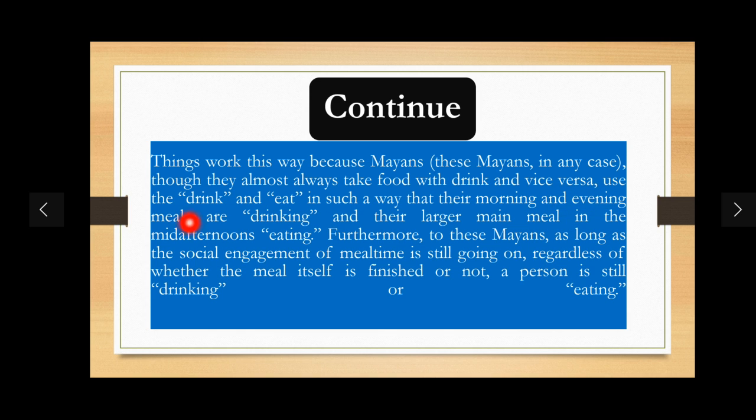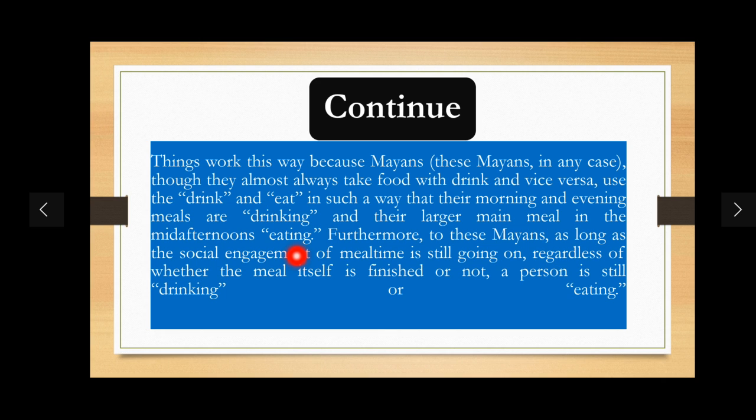They use drink and eat in such a way that their morning and evening meal are called drinking, and their larger main meal in the mid-afternoon is called eating. So the mid-afternoon meal they call eating, while the morning and evening meal they call drinking.